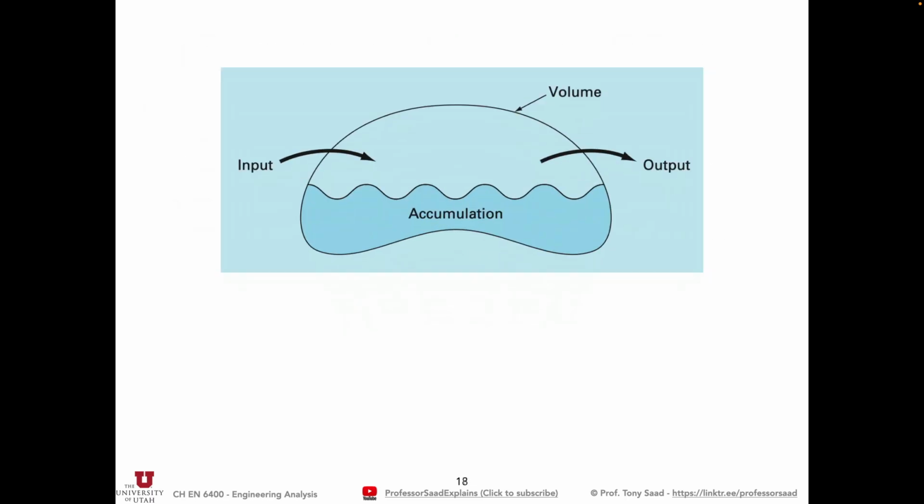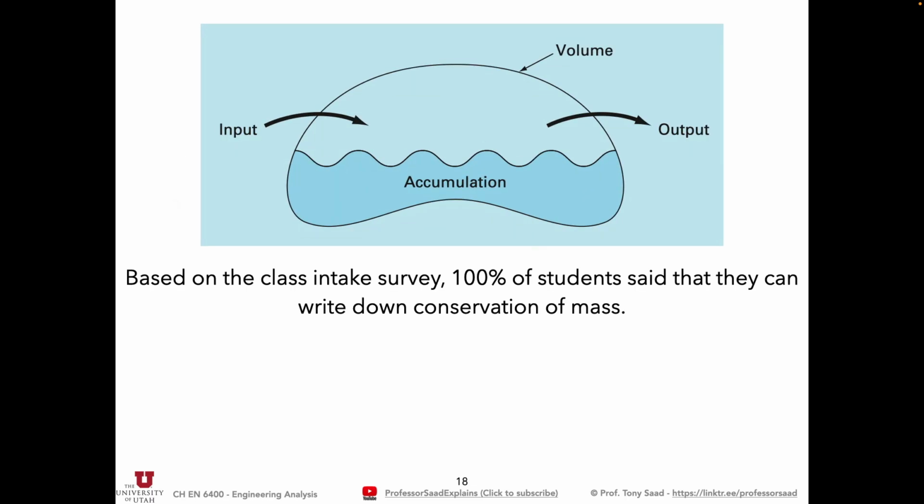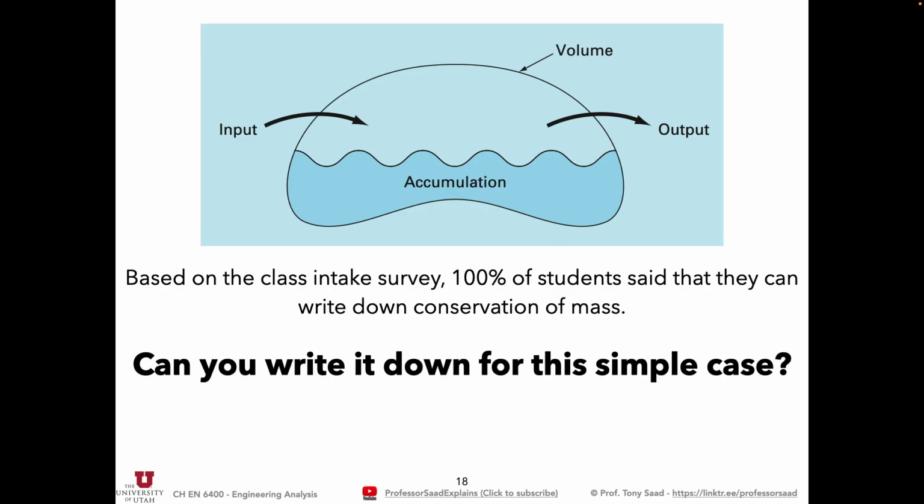Okay. So now I'm going to ask you, because you said in the survey that you know how to write down mass conservation, I want you to write it down for this system. Use the words accumulation, input and output. Just go grab a paper or your notepad, whatever you're writing on, and express the principle of mass conservation for this system. Again, think of this as a bucket.